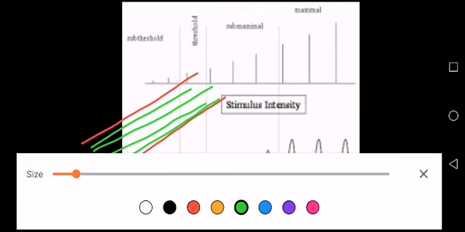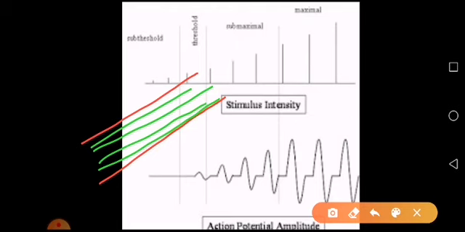When we increase the intensity of the stimulation, as we have here, at the first and the second stimulation, no action potentials are obtained because none of the fibers is excited.